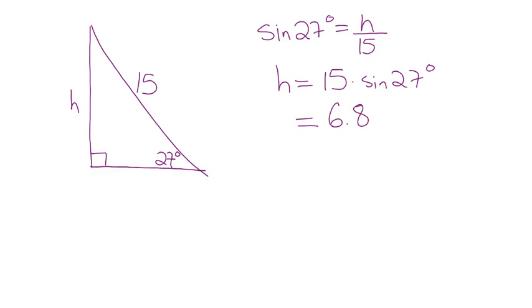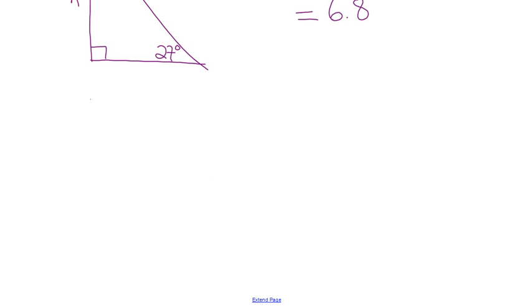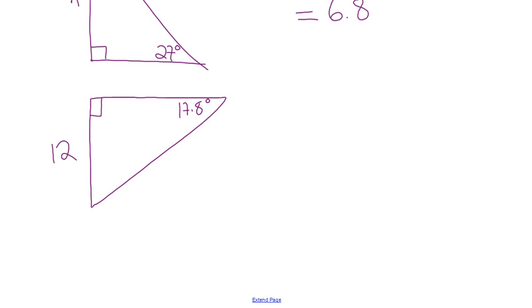Let's do one other. I had to throw something different in there. Okay, in relation to the 17.8 degrees, 12 is opposite, and x is hypotenuse.